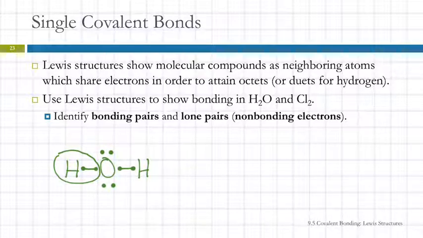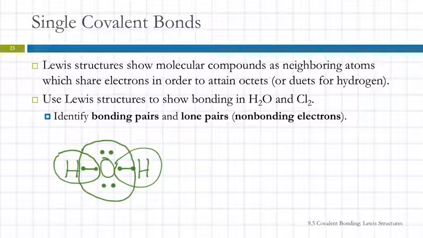He doesn't even aspire to 8. He just wants the 2 electrons. So the hydrogen's happy. Hydrogen over here is in the same situation, also happy with 2 electrons. The oxygen now has 2, 4, 6, 8, because it gets to count all of the shared electrons as well. And so the oxygen has 8 valence electrons. Do you see how that works? So by sharing, you make stuff go farther.